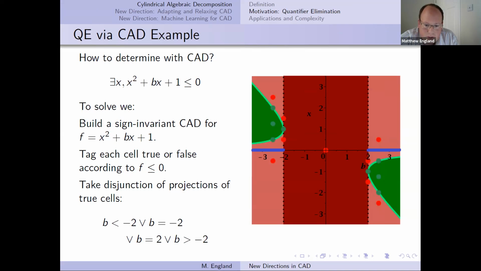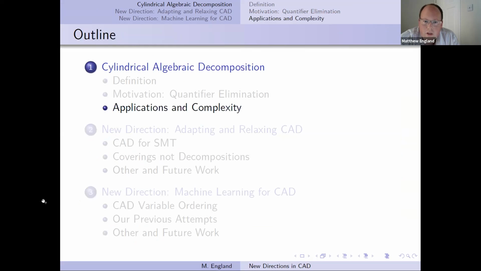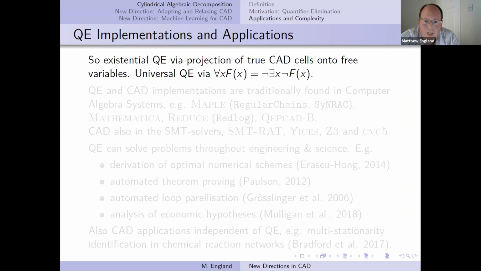And we get the answer that we saw before, although split into 4 cells, but of course we can squeeze them back together with less than or equals and greater than or equals. So I just showed you an example there of existential quantifier elimination by CAD. Just to be clear, you can also do universal quantifier elimination. You simply convert the logical formula into an existential one and then apply the same process that I just showed.